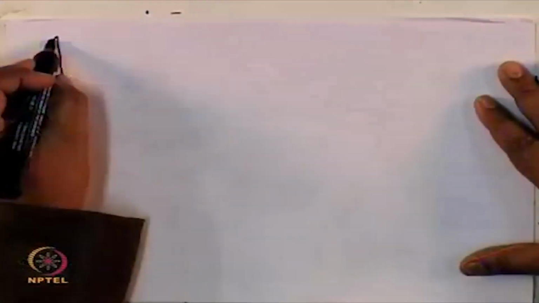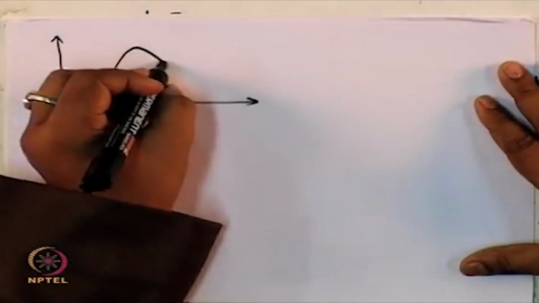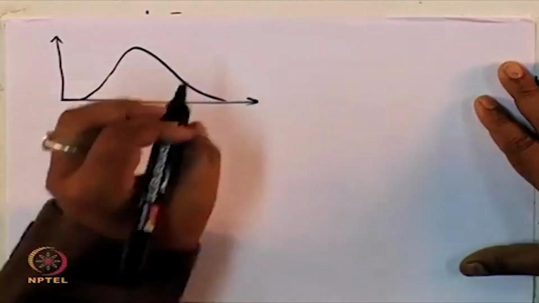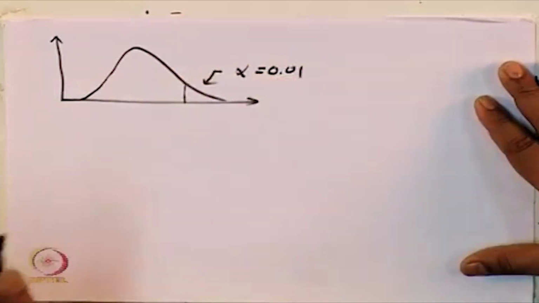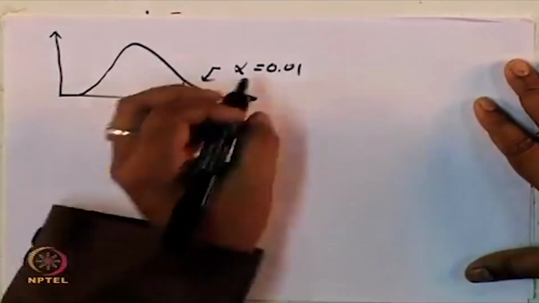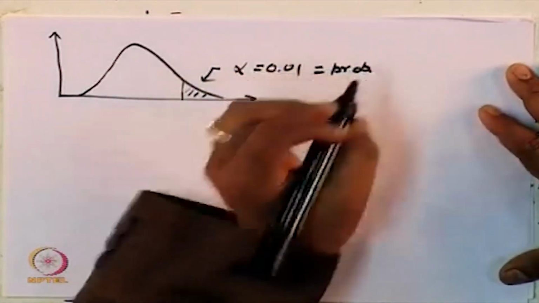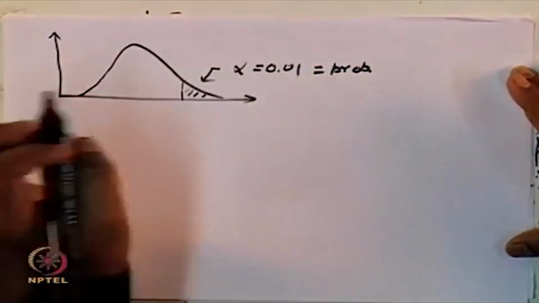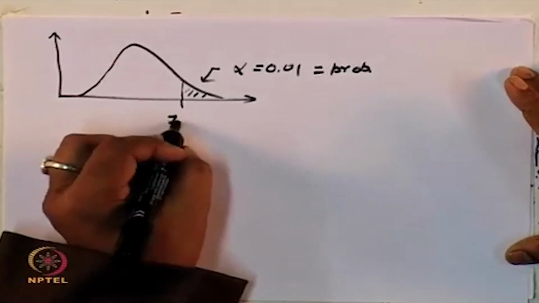So, if I draw it again, if for example I want alpha equal to 0.01, alpha is nothing but the area under this curve. So, alpha is the probability, this probability, and this is the area under this curve, and this is my Z of alpha by 2.